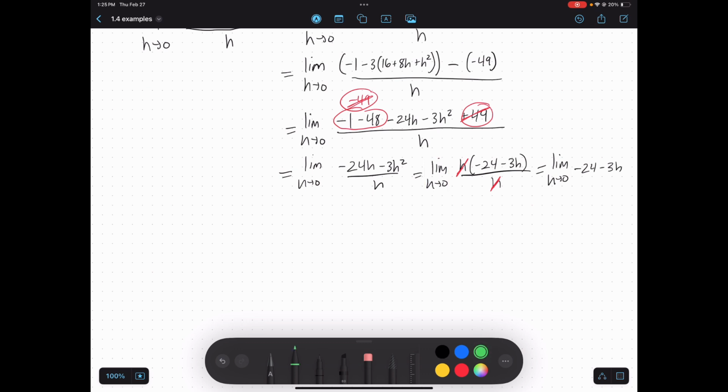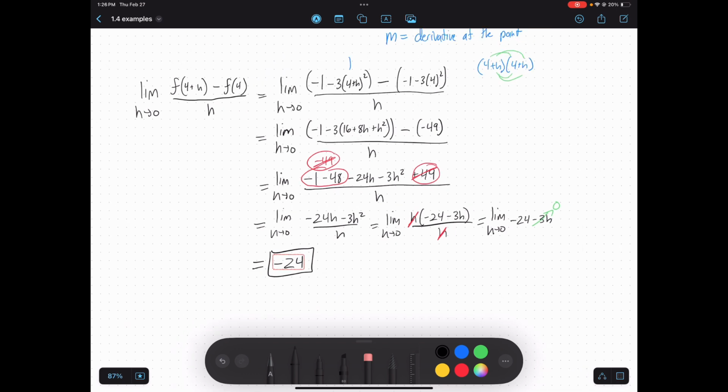What can I do now? I can plug in 0 for h, which causes that term to go to 0. And I'm left with negative 24. What is this negative 24? That's my slope at this specific x value. So the slope of my function is negative 24 at this specific x value.